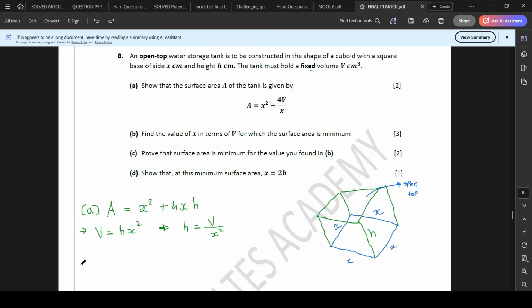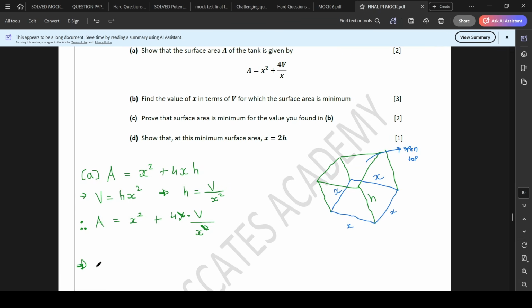And now if I substitute my h over here with V by x square, the surface area will come out as x square plus 4x times V by x square. So one of the x gets cancelled out, and this is exactly what we want, 4V over x. So yes, this implies that the surface area of this open cuboid water tank is going to be x square plus 4V over x. So this is the first part.